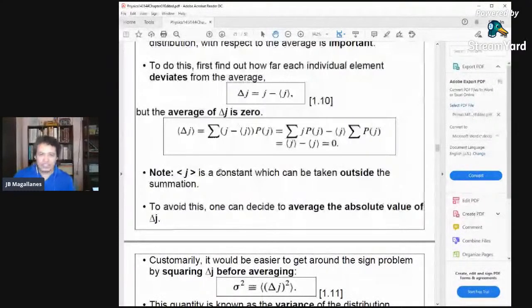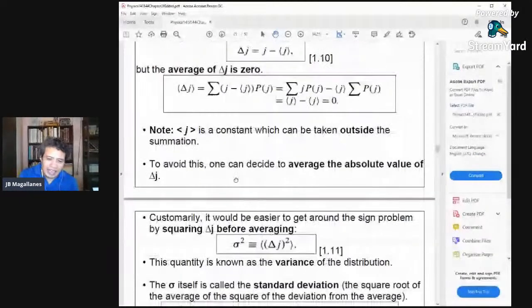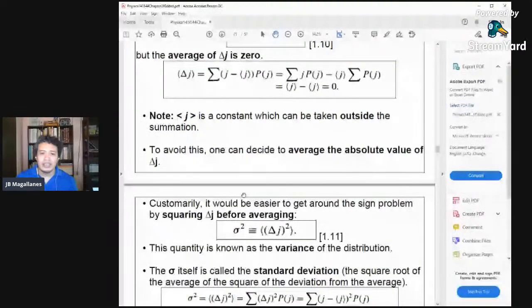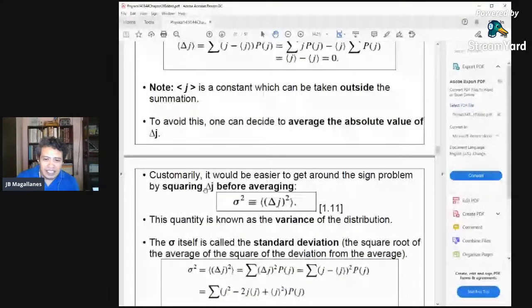To avoid this, one can decide to average the absolute value of the delta J. The absolute values of the delta J are all positive. So you can add them and then you can get the average. That's a meaningful quantity. But customarily, it would be easier to get around the sign problem by squaring the delta J before averaging.